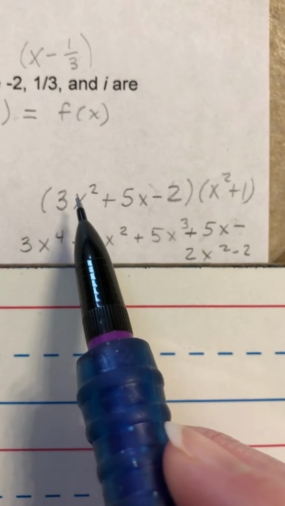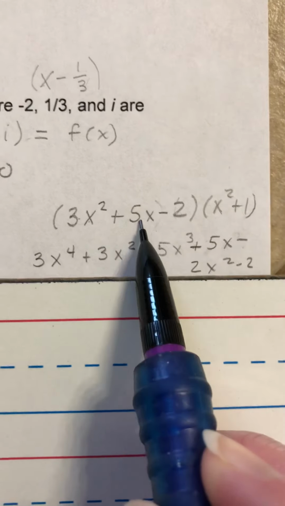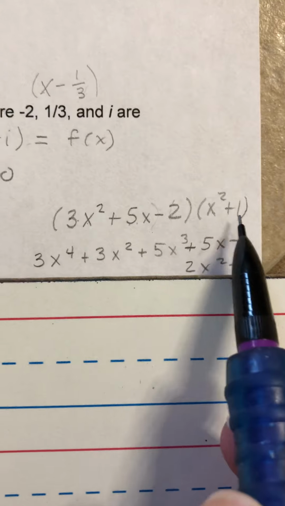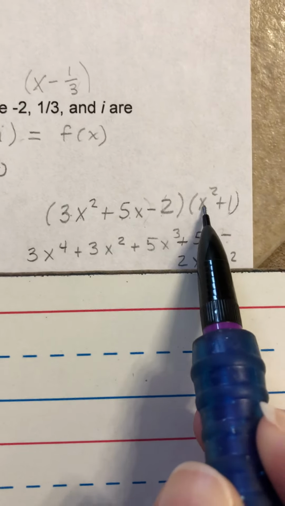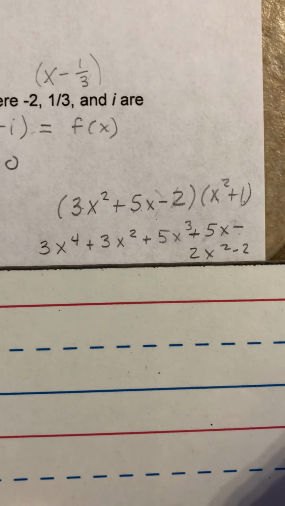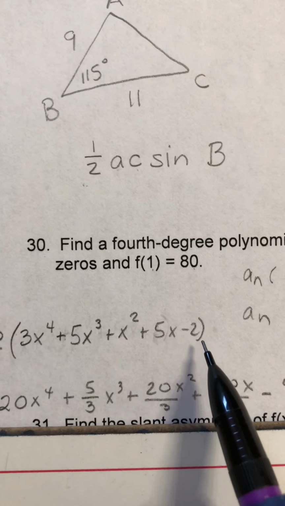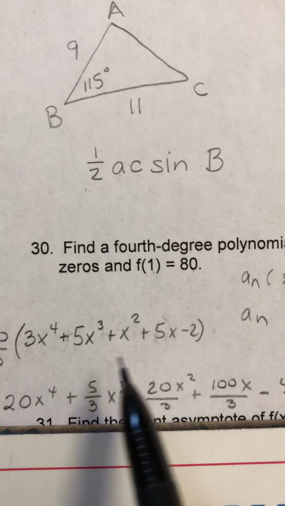Then I have to multiply this times this, this times this, and so on. Add up all your like terms, collect everything together, and that all will simplify to this when you multiply all of those out.